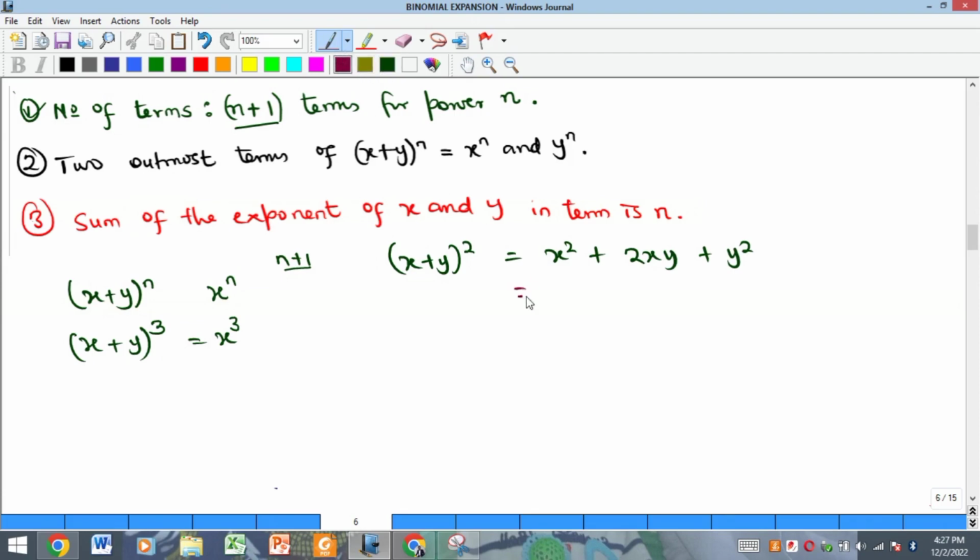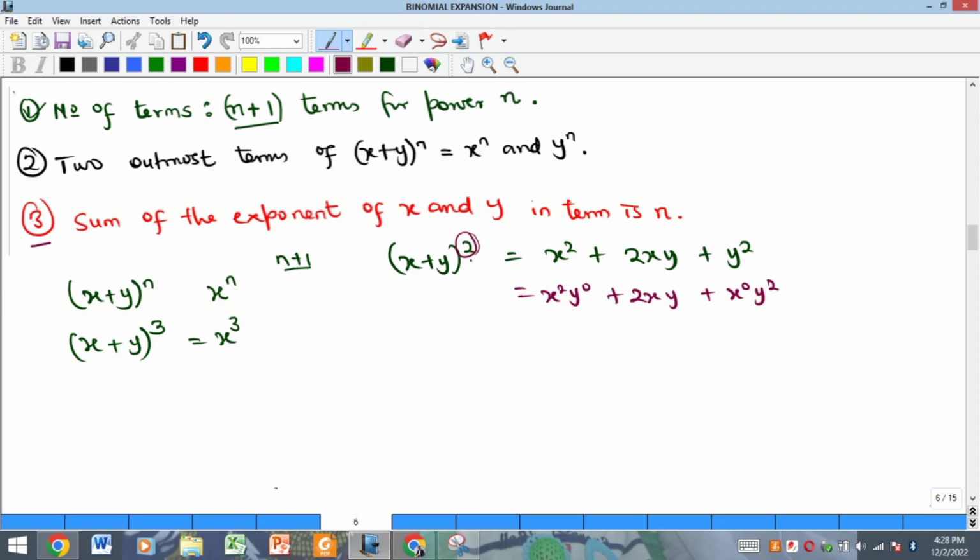Why? Because I can actually write this as x squared times y raised to the power of 0, plus x raised to the power of 1 times y raised to the power of 1, plus x raised to the power of 0 times y raised to the power of 2. So you can see there's a combination of x and y in each of the terms. Now, this last point is telling us that for every term you have here, the sum of the exponents of x and y is going to be equal to the total power you have here.